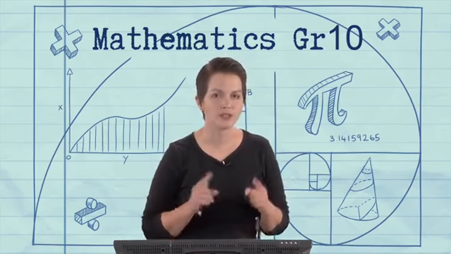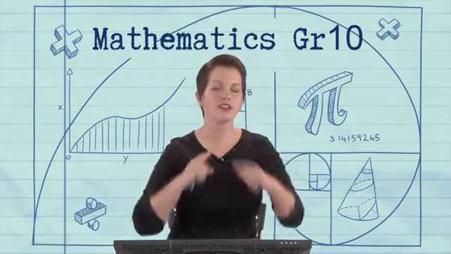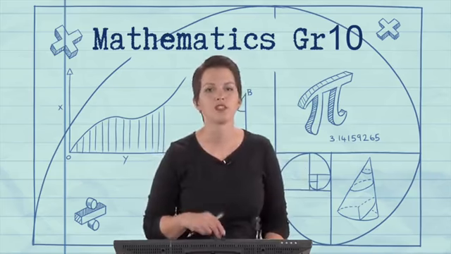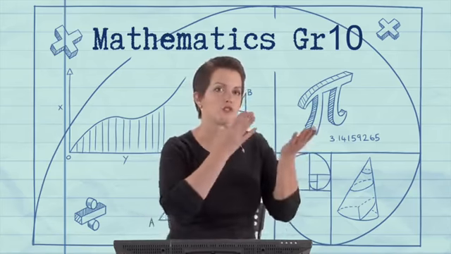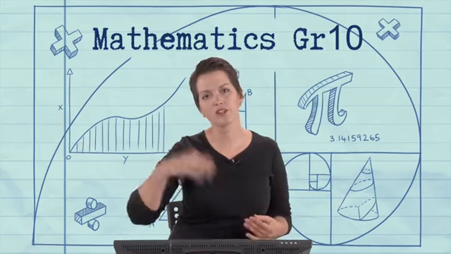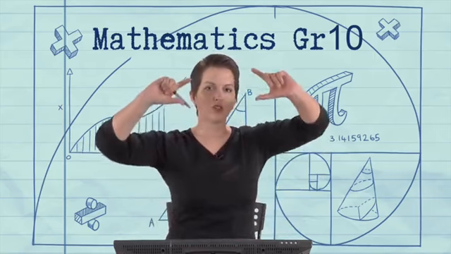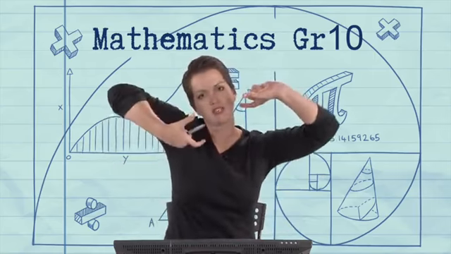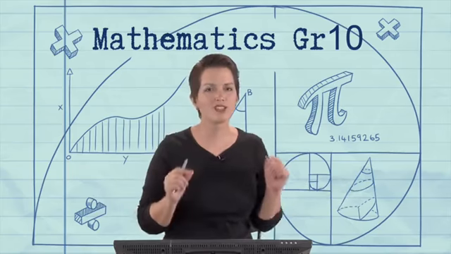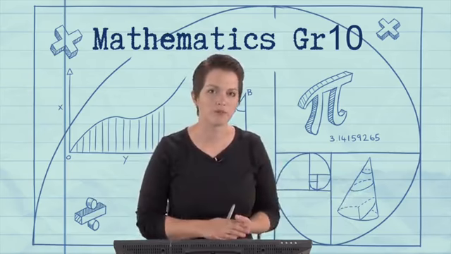If two lines are perpendicular to each other, in other words, they meet at 90 degrees, their gradients will be the negative inverse of each other. So if I have a gradient of 2 over 3, my perpendicular line will have a gradient of negative 3 over 2. So you see how the 2 and the 3 swap positions, and it went from a positive to a negative number. I like to think of it as exactly opposite in every single way.